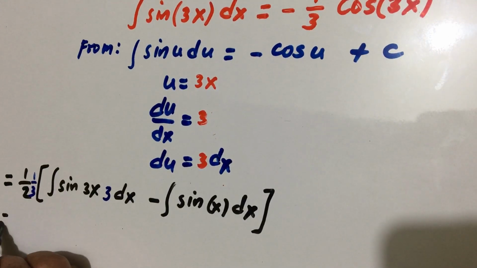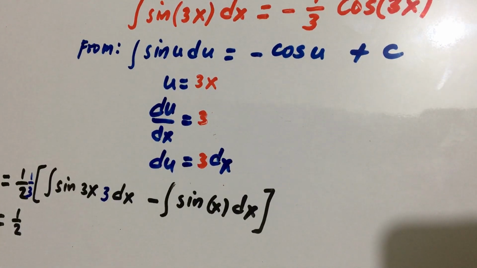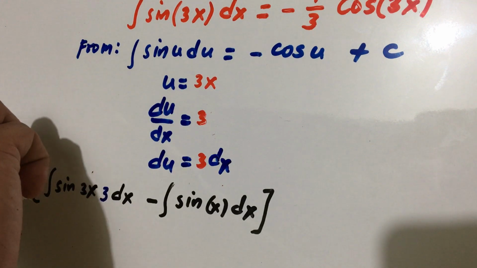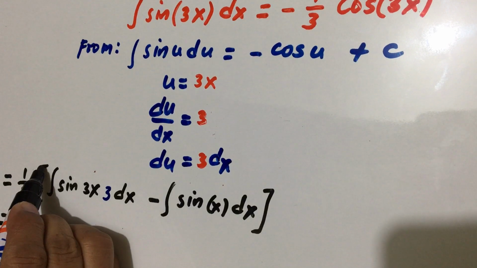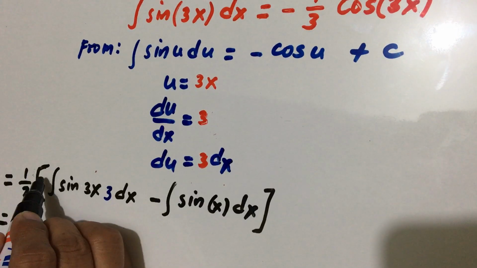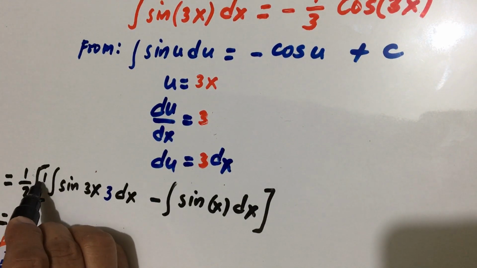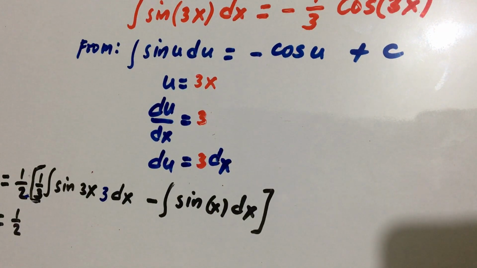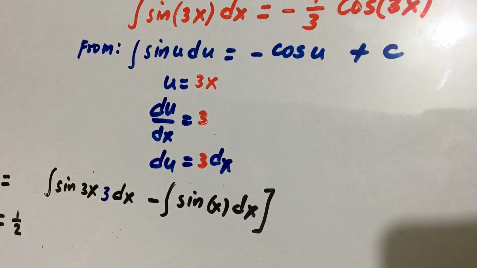Okay, so simplifying, we have 1/2. By the way, the 1/3 should not be put outside the bracket. It should be inside the bracket. So sorry, not the 1/2 but the 1/3. So the 1/3 should be here. It's not clear. Let me write it, class, so that you can read it.